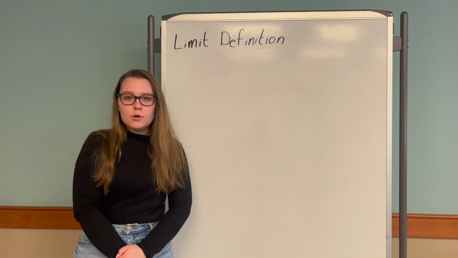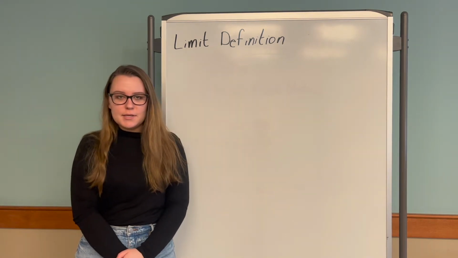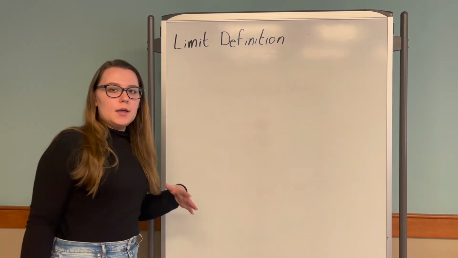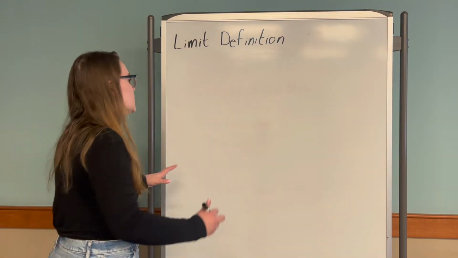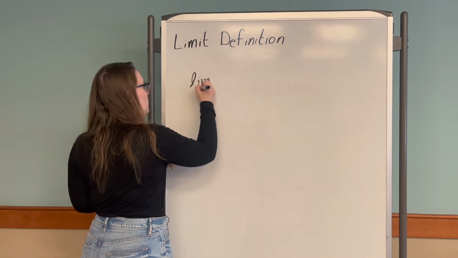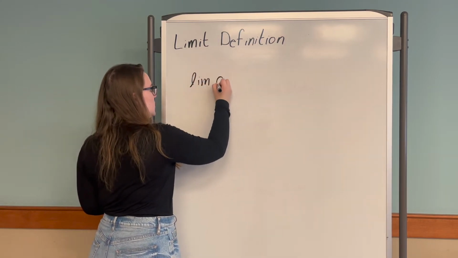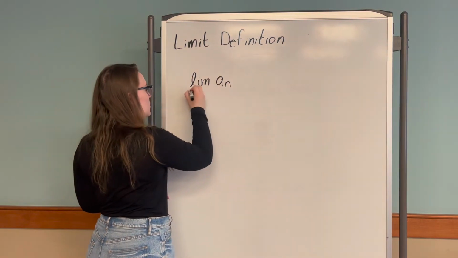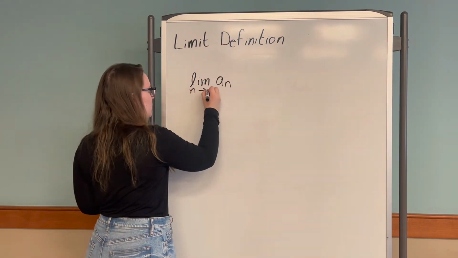Today I'm going to be giving you a crash course on the definition of a limit. So normally when we're talking about a limit definition like this, we are looking to see what happens when we have a sequence a_n and n goes to infinity.